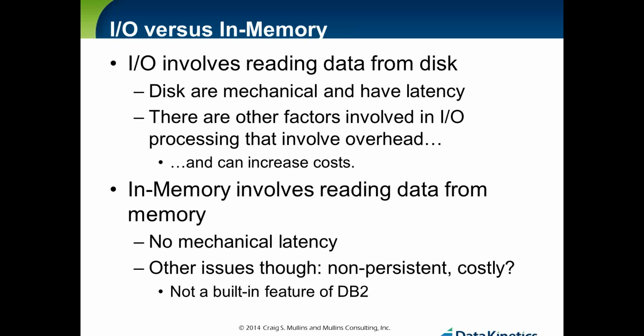Size issues: you can't store everything there because there's just not enough memory to put megabytes or terabytes of information into main memory, and so on. So there are issues as to why it can't all be in memory.